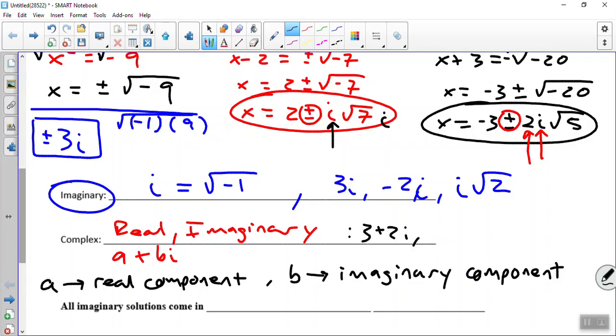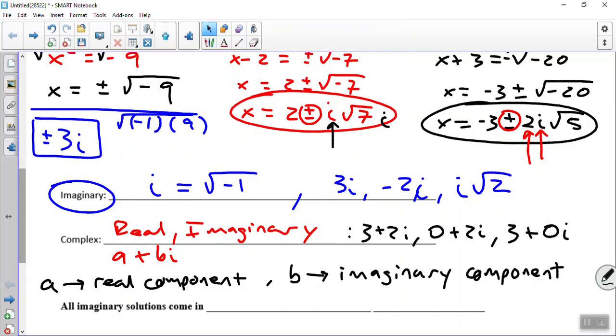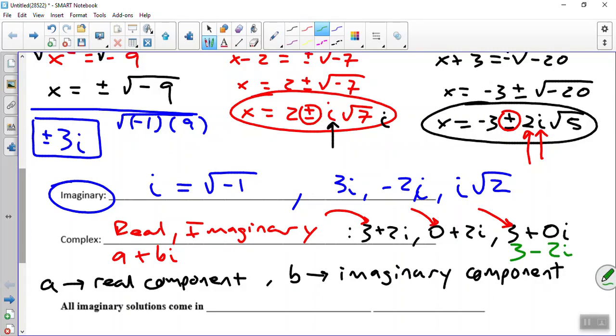You could have 0 plus 2i. You could have 3 plus 0i, and so on. Any real number that we talked about at the top of the page would go here, and the imaginary number comes second. You could have minus as well. It could be 3 minus 2i, and so forth.